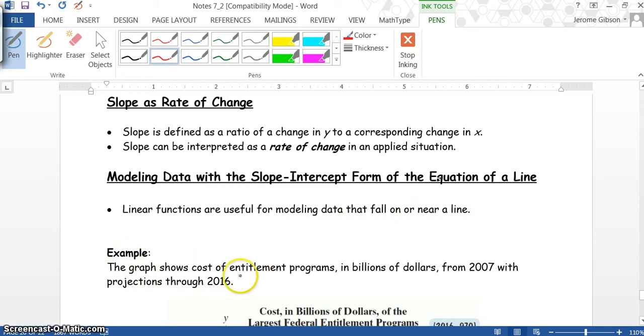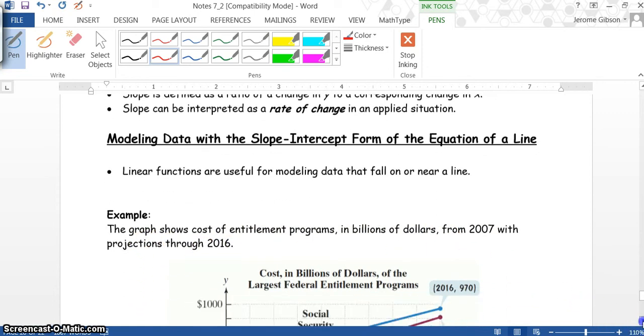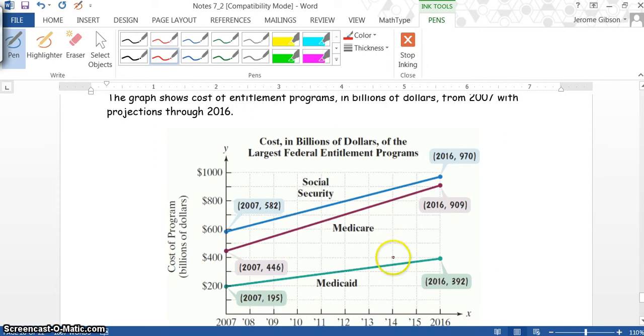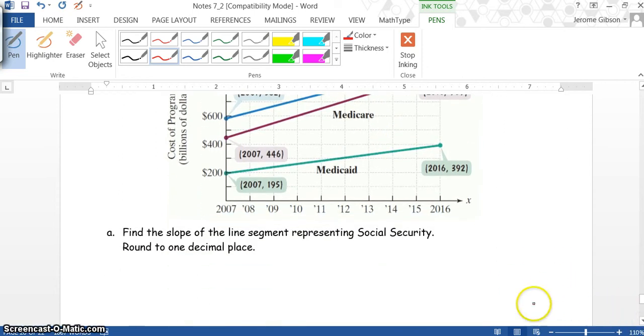Example: the graph shows cost of entitlement programs in billions of dollars from 2007 with projections through 2016. Now we see here, it says find the slope of the line segment representing Social Security. Round to 1 decimal place.